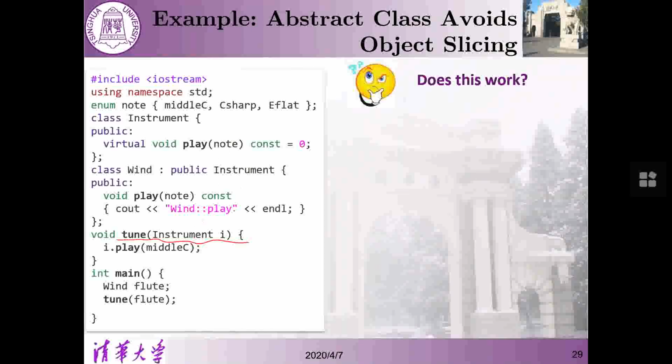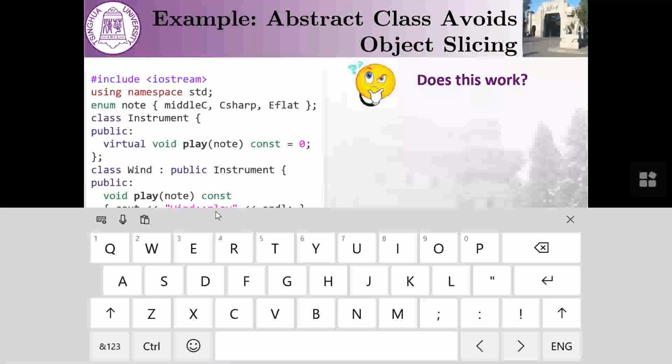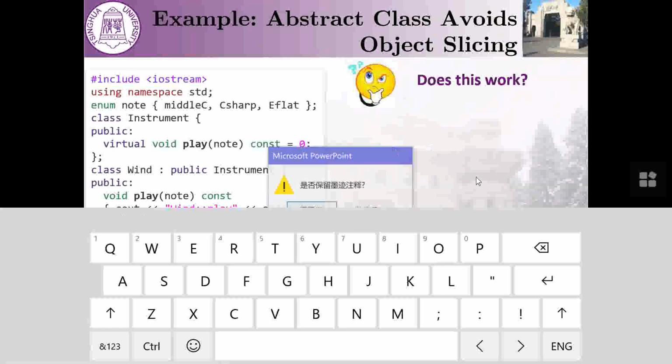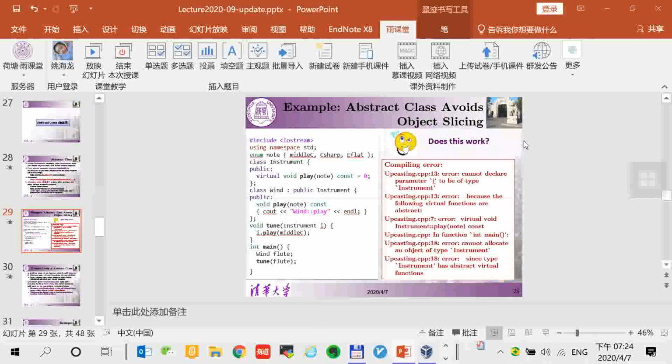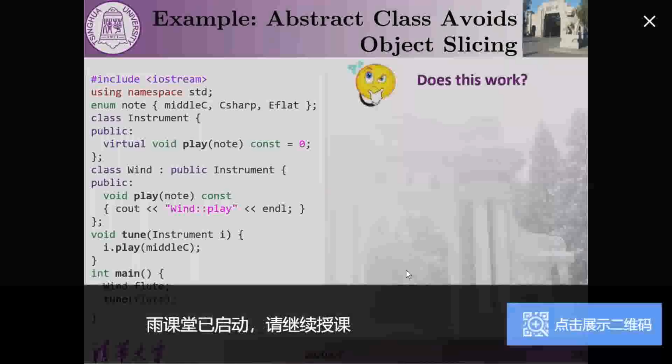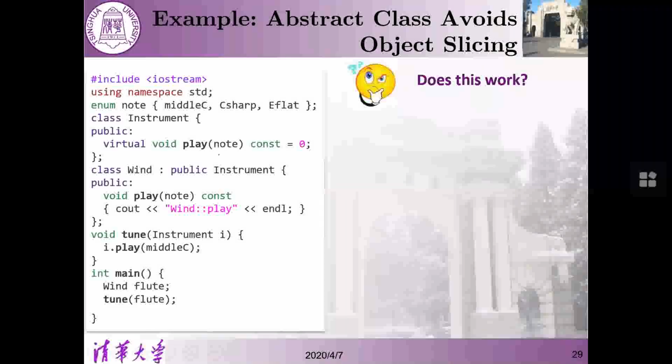Okay. So in this case, if we take this object here, let's check what happened. Maybe close it. Okay. Because we have defined a pure virtual member function here, this class is an abstract class, right? So an abstract class cannot define objects. Like this.